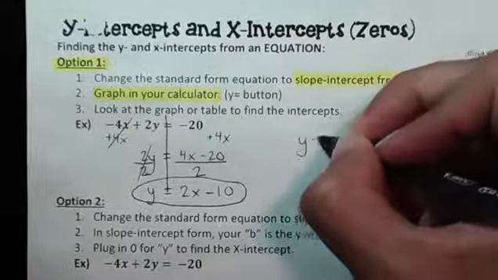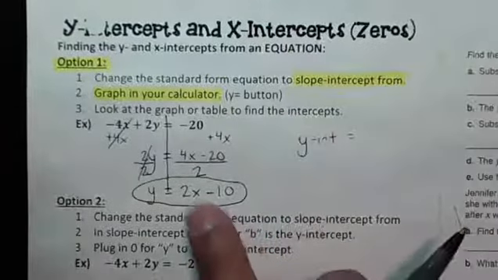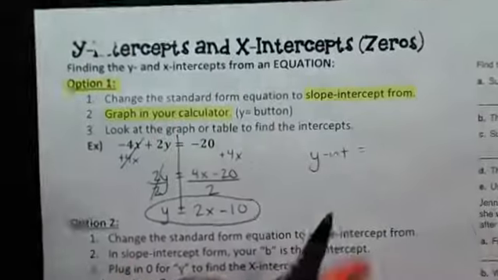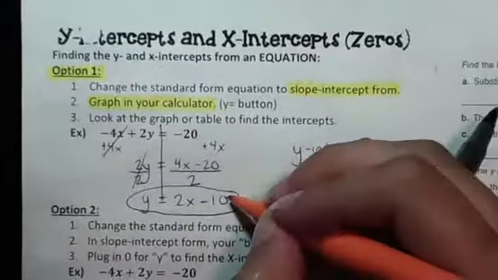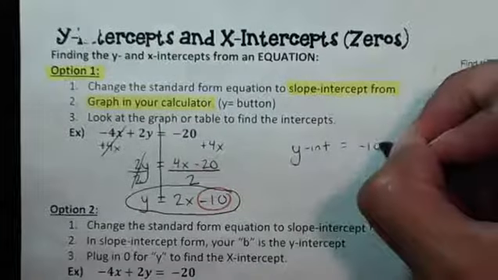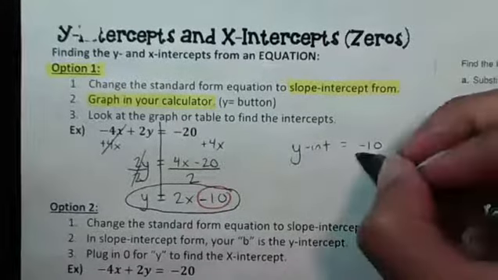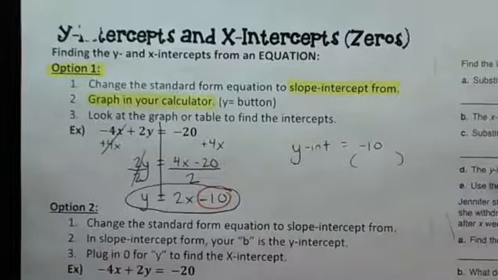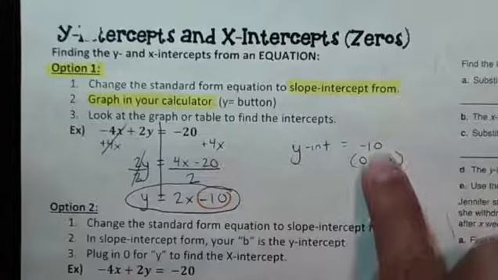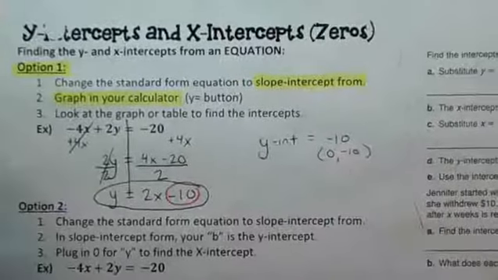You should have said the y-intercept, because remember, when it's in y equals mx plus b, the b part is our y-intercept. So negative 10 is going to be our y-intercept. Now if I wrote that as an ordered pair, what would that be? (0, negative 10), because the y value is the number, and then 0 is the x value.